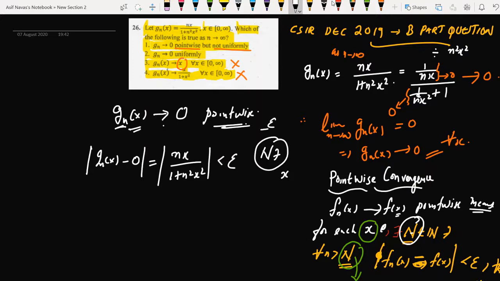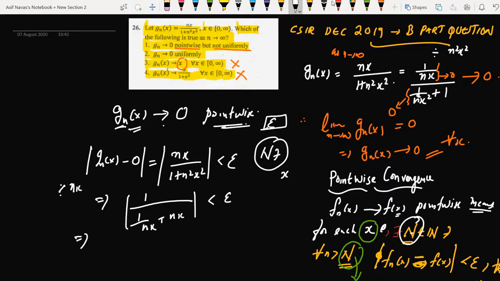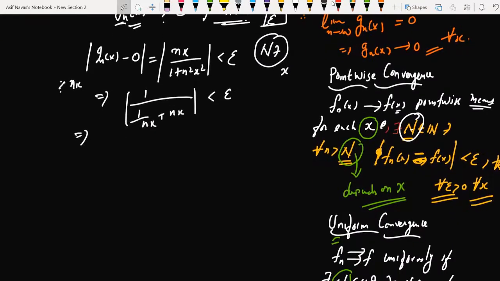This is less than epsilon, where I am taking any epsilon greater than 0. So I am dividing by nx. So 1 by nx plus nx is greater than 1 by epsilon, taking the reciprocal, since x belongs to (0, infinity) so it is positive.